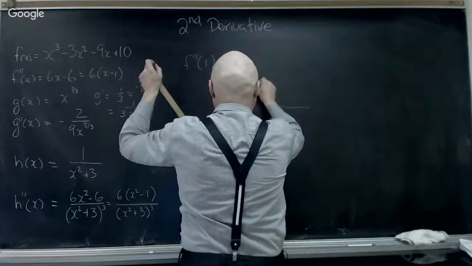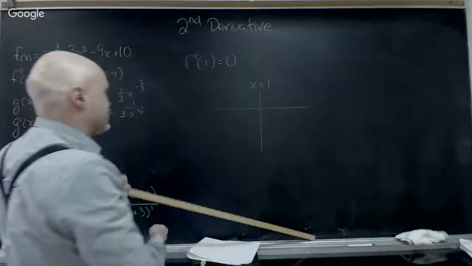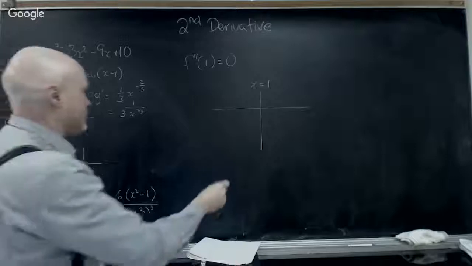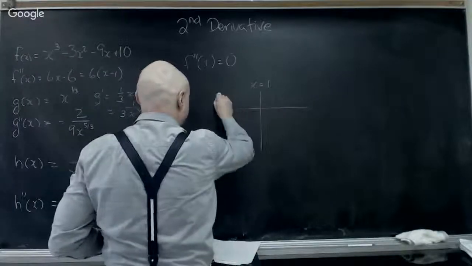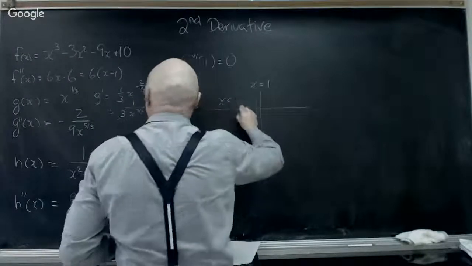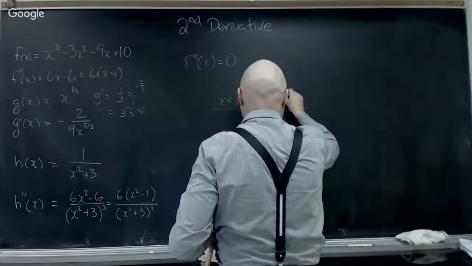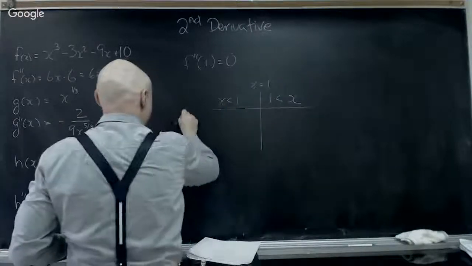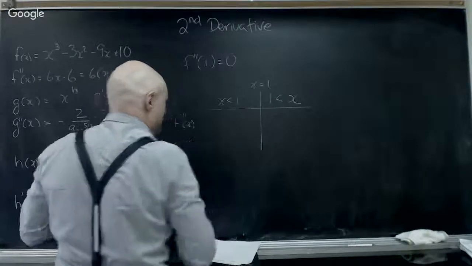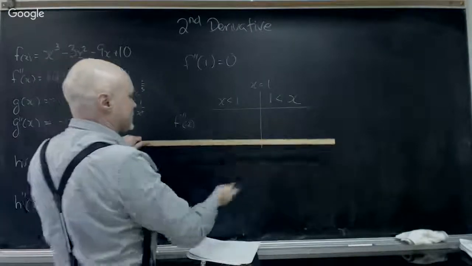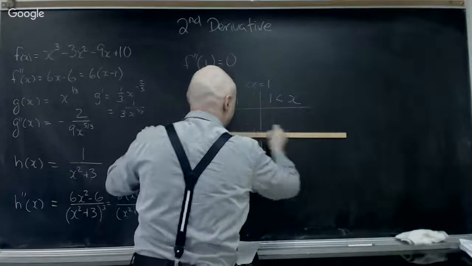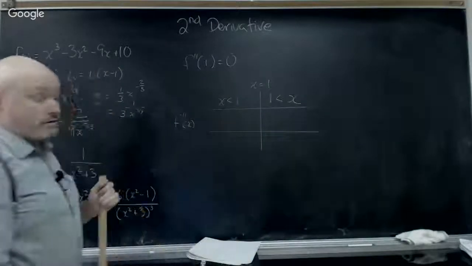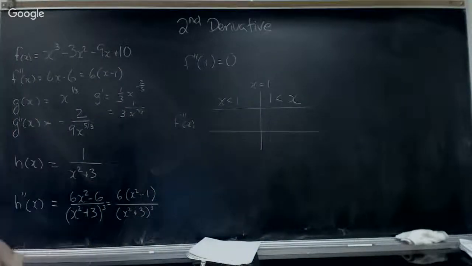So let's look at the situation where x is less than 1 and the situation where x is greater than 1. We'll look at the value of the second derivative, check that sign, and then come to a conclusion about whether it's concave up or concave down.